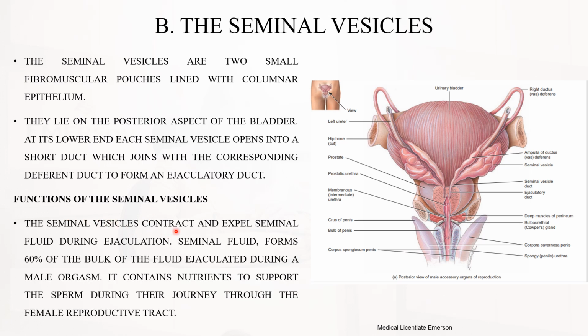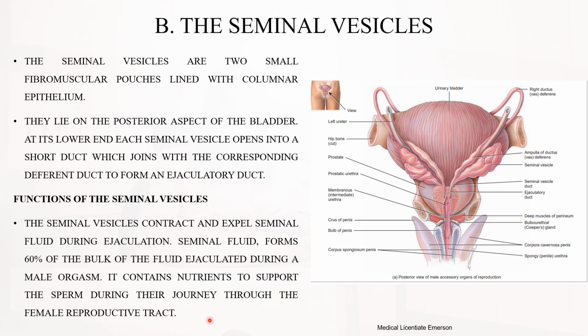The seminal vesicles contract and expel seminal fluid during ejaculation. Seminal fluid forms 60% of the bulk of the fluid ejaculated during a male orgasm. It contains nutrients to support the sperm during their journey through the female reproductive tract.